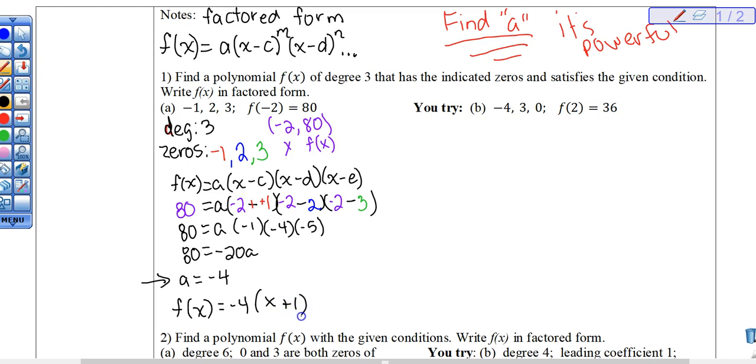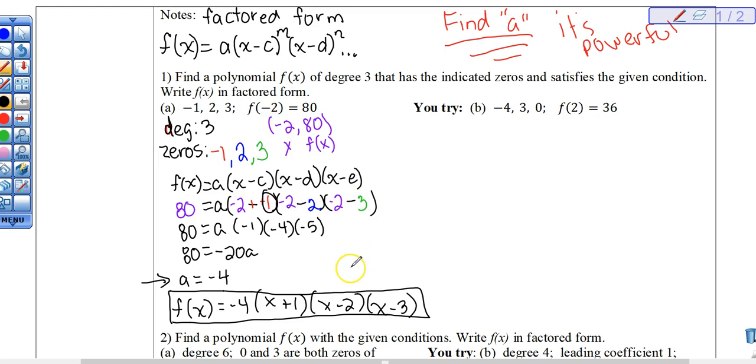That's my first zero, times x minus 2 times x minus 3. And I just went back and gathered that stuff up from step 2 right here. +1 minus 2 minus 3. And that is how you find A. And write your polynomial. And you don't have to multiply it out. You can leave it in factored form.